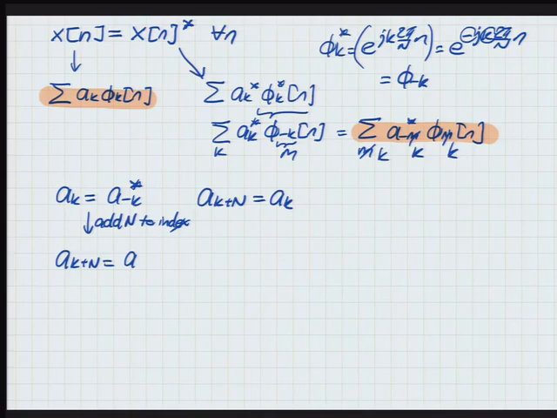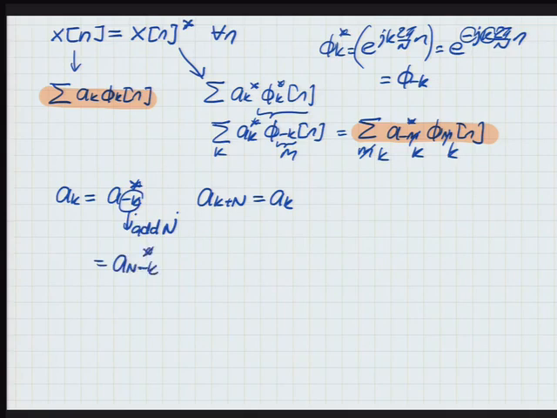Wait, what am I talking about? Oh, wait. I'm sorry. Okay, so not both, of course. If we just advance this guy, add N to this, nothing will change because of this periodicity. So a of N minus k star is the same as a_k star. That's because of the periodicity of the coefficients that didn't exist in continuous time.